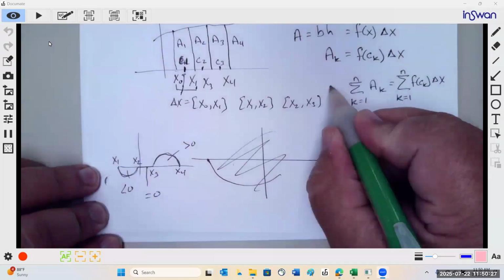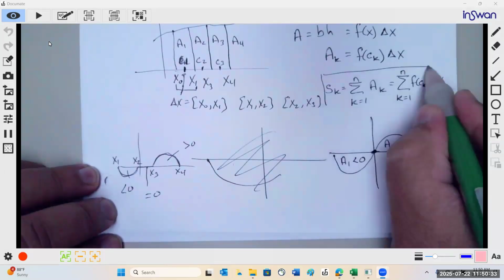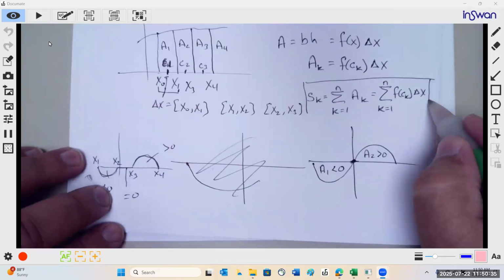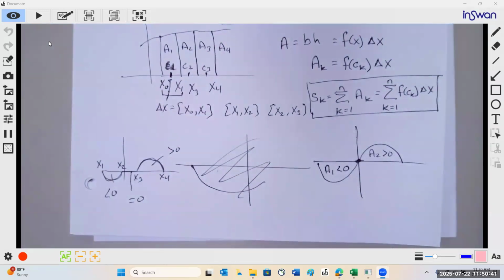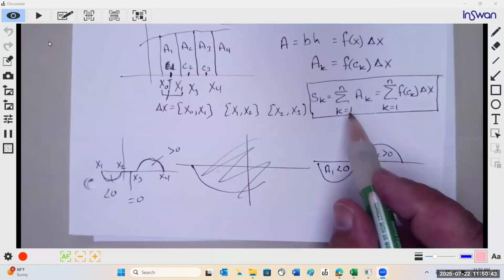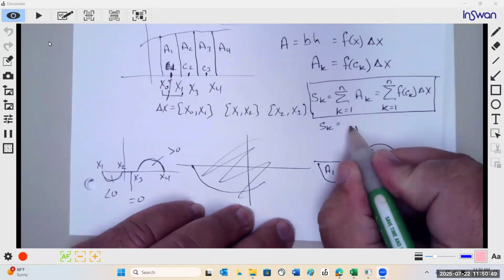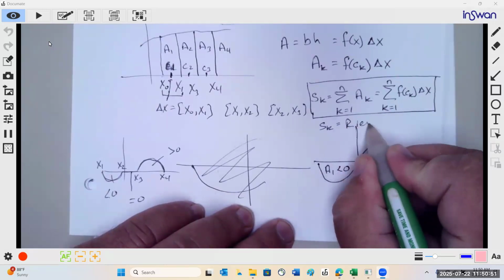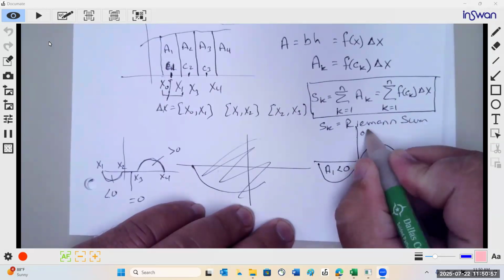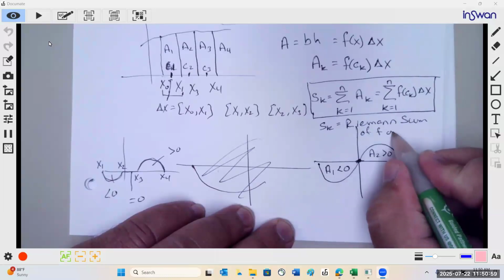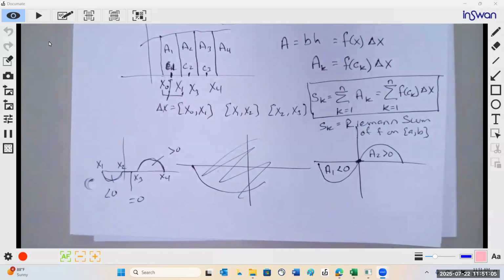So we'll call this S sub k. This formula right here adds up all of those little teeny tiny areas. That's got a name. S sub k is called the Riemann sum of f on the closed interval AB.